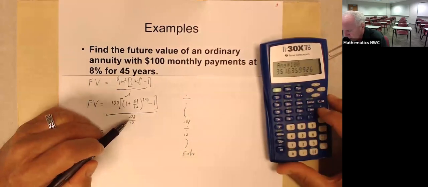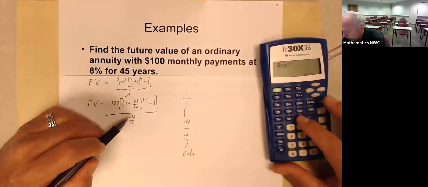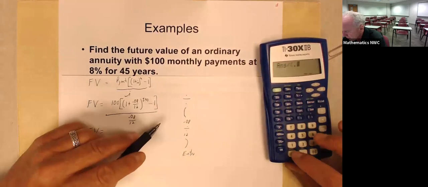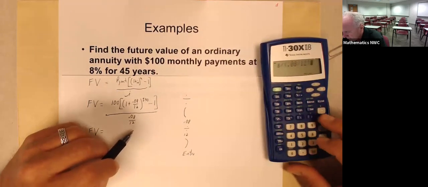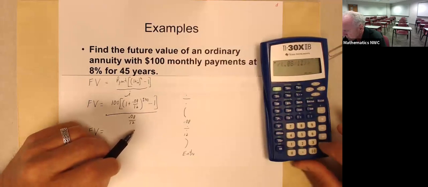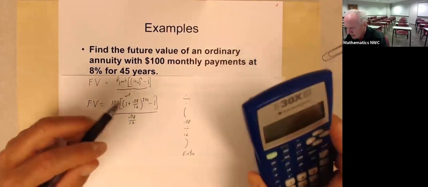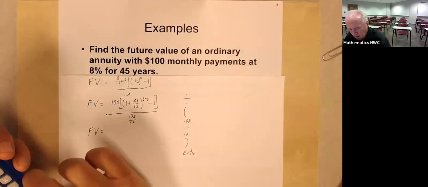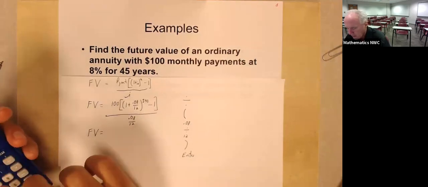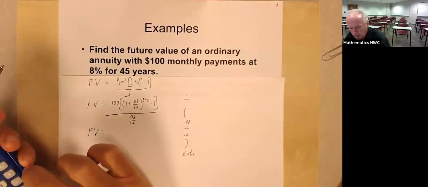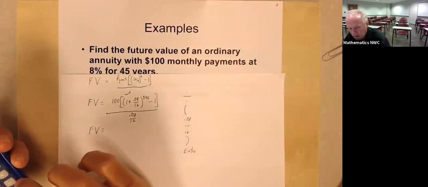So I'm going to go divided by opening parentheses, 0.08 divided by 12, closing parentheses equals, and I must have done something wrong. I mispunched something. So let me start over here. Sorry about that. I'll see if I can go a little faster. I wasn't watching what I was punching.